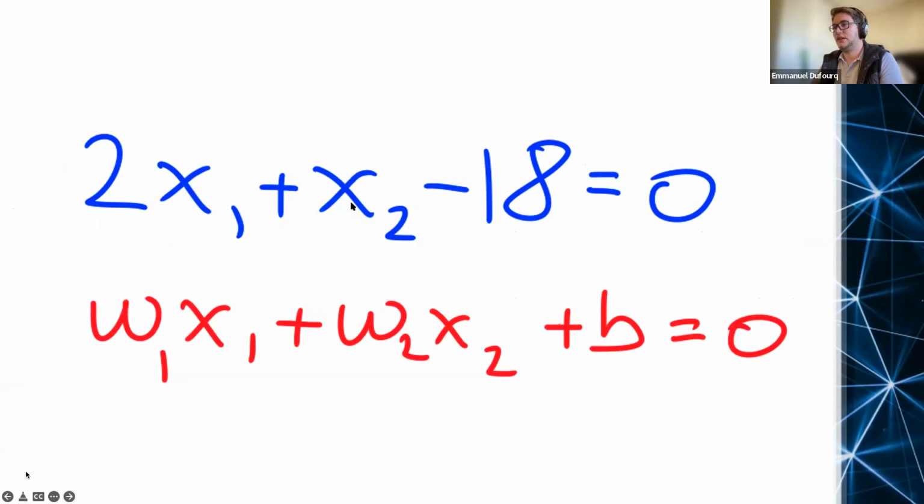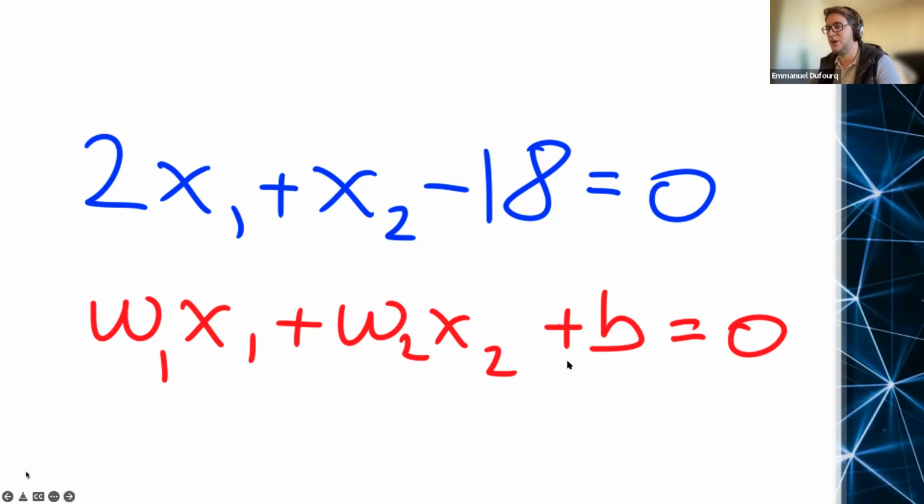So here's our equation again, 2x1 plus x2 minus 18 equals 0. And we can express it in terms of w and x. We can rewrite it as w1x1 plus w2x2 plus b equals 0. In this case, w1 is 2, w2 is 1, and b is minus 18.